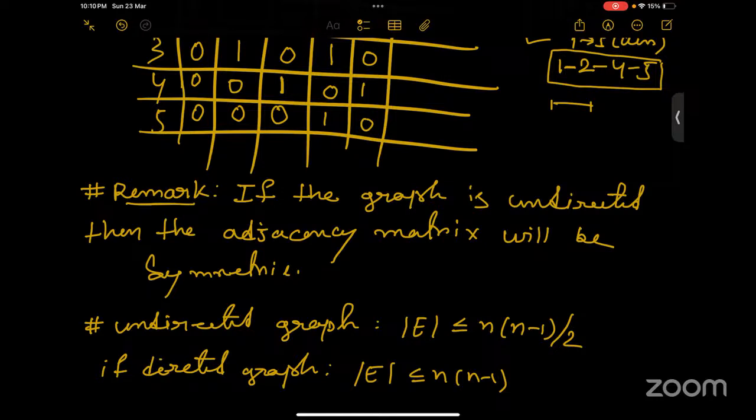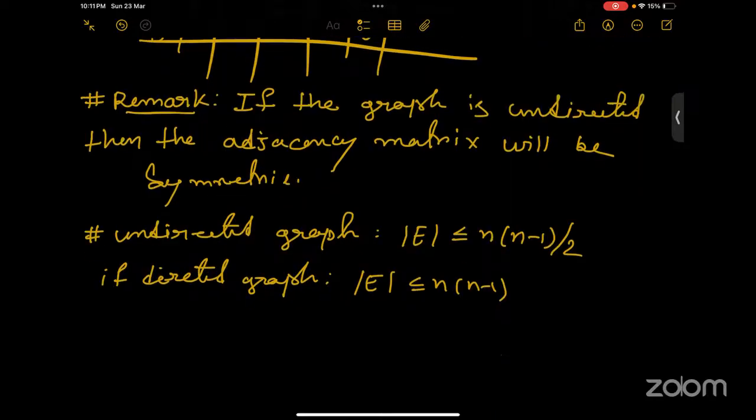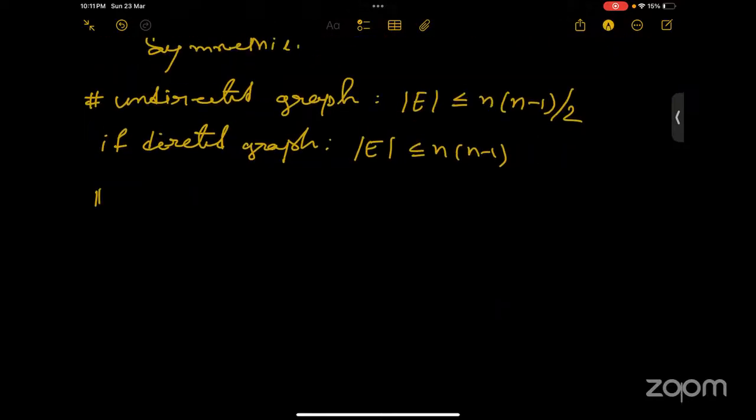So some are directed means the graph is directed. Even if one directed edge is there, the whole graph becomes directed. Sorry, directed. Can you put a remark, ma'am, so that when we go back and look at this, it'll be easy for us? Yes, sure.